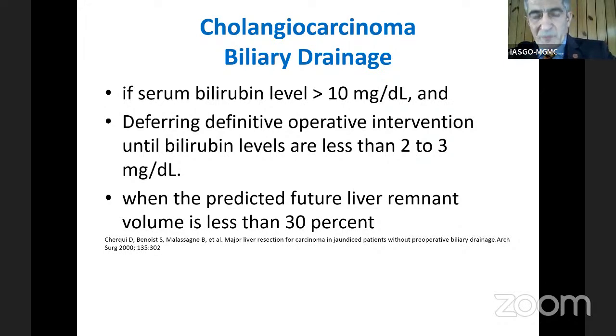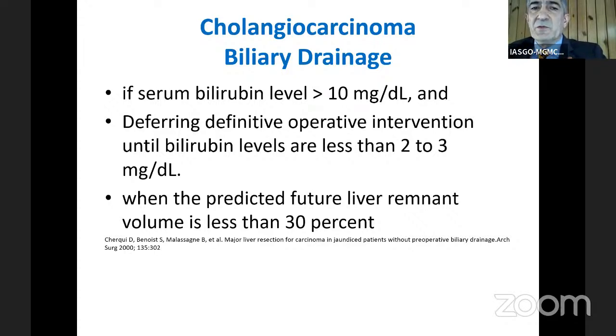The general acceptance for all of these centers is drainage if the serum bilirubin level is more than 10 milligrams per deciliter, and the definitive operative intervention is done when the bilirubin level is less than 2 to 3 milligrams per deciliter.